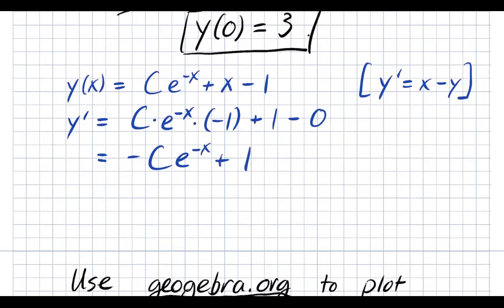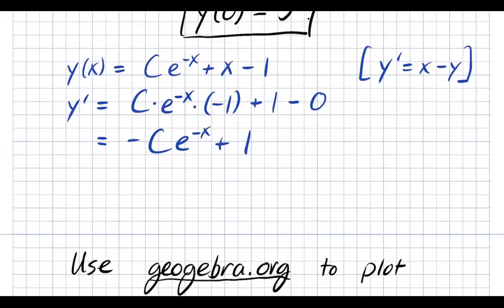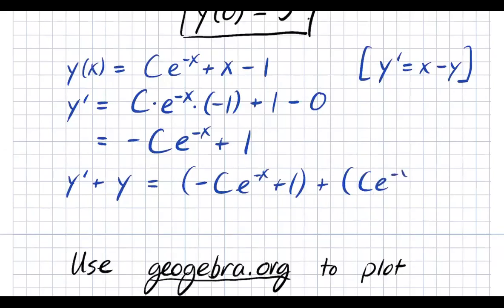All right, so let's check. Let's do y prime plus y, and we want to get x. So let's plug this stuff in. y prime is negative c e to the negative x plus 1, and then plus y, which is c e to the negative x plus x minus 1.